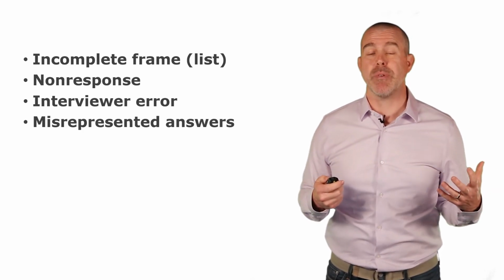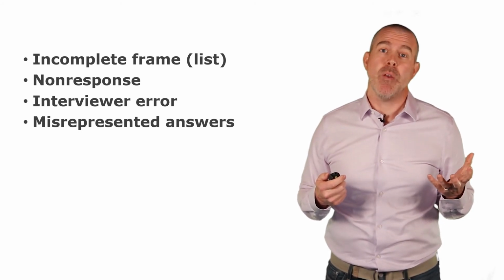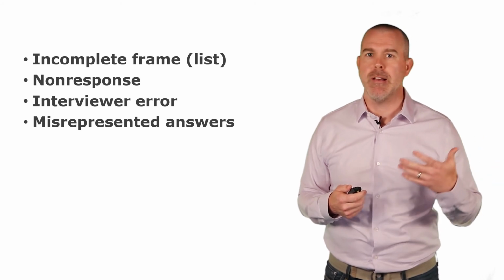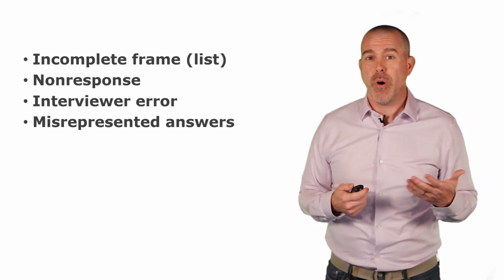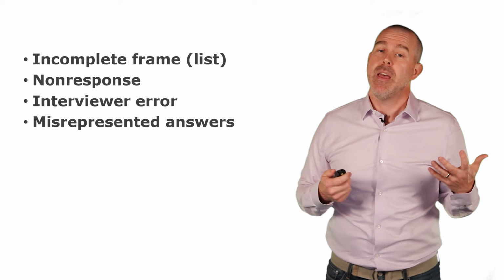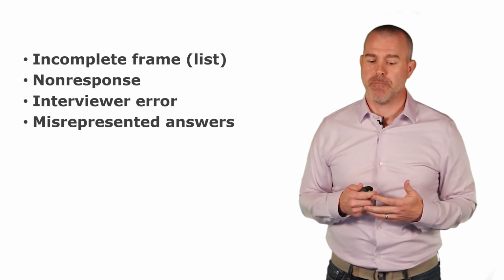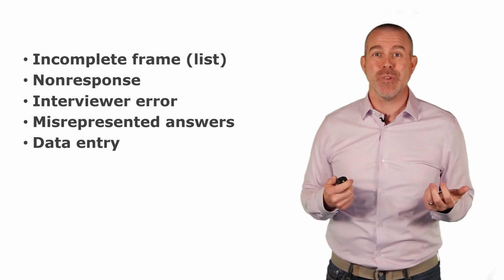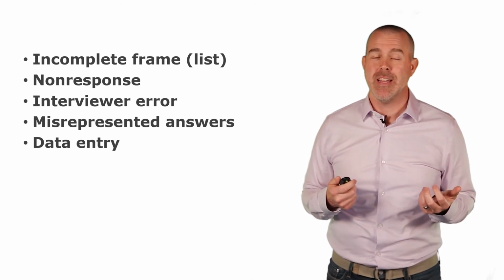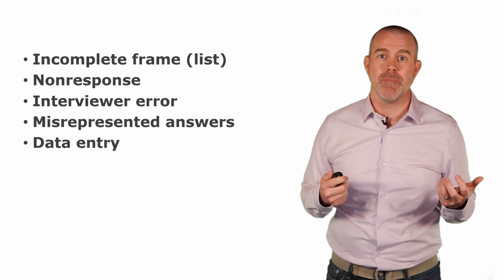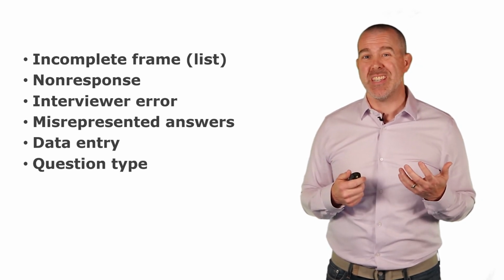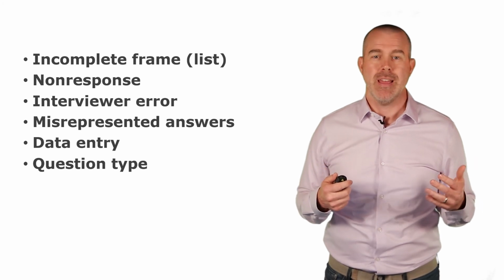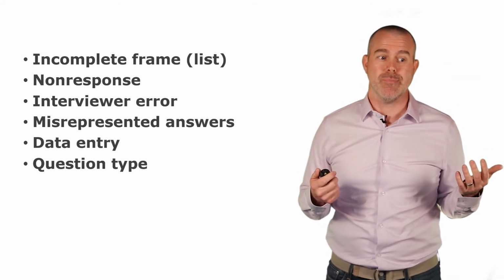Next would be misrepresented answers. This is common when something is self-reported, like your self-reported weight, height, GPA, things like that. When it's self-reported, people may not remember, they might lie, and so that's a misrepresented one. Next is data entry, just actually entering the data into the database. Something could just be typed in wrong. The next one here is question type. Say you're asking people's favorite band, and you list 5 options.